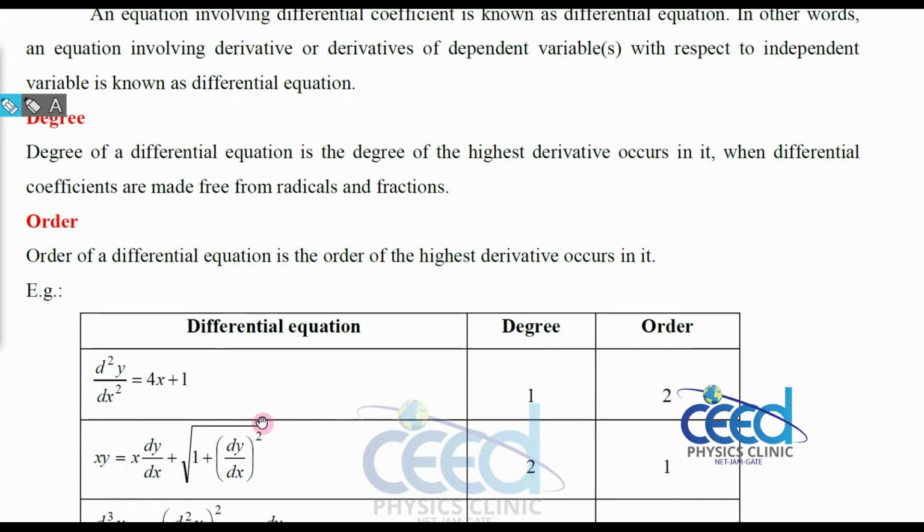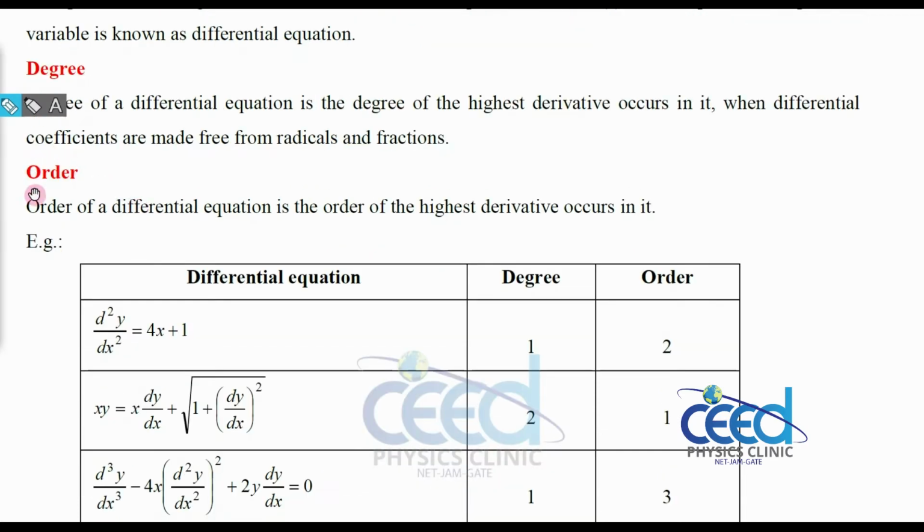Then choose the highest derivative; the exponent of that highest derivative is called the degree of the differential equation. When I do 2-3 problems, you will get more idea. And order is the highest order derivative present in it.